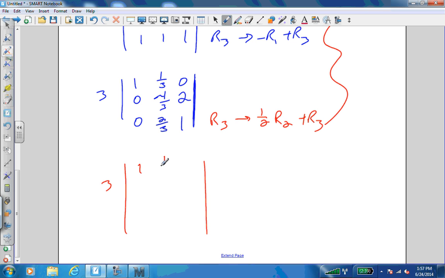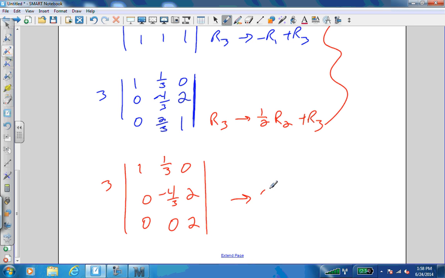So if we do 1, 1/3, 0, 0, negative 4/3, 2. Now for the bottom row, we're going to do half of this row plus that one, so 0 plus 0. Half of that is negative 2/3 plus 2/3 is 0. Half of that is 1 plus 1, so 2.